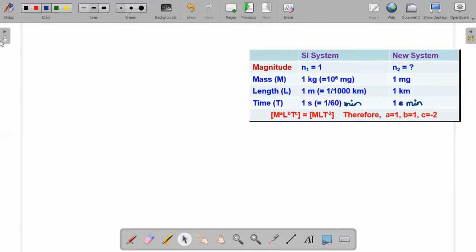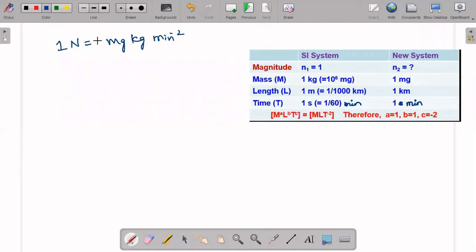So here we want to write 1 Newton, which has to be converted into milligram, kilometer, and minute to the power of minus 2.